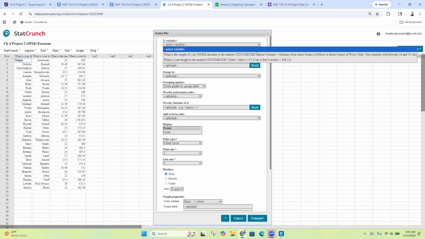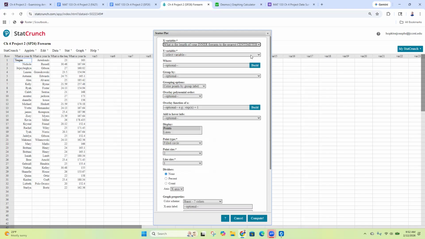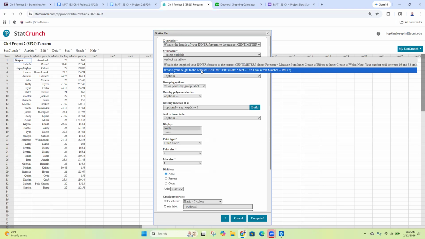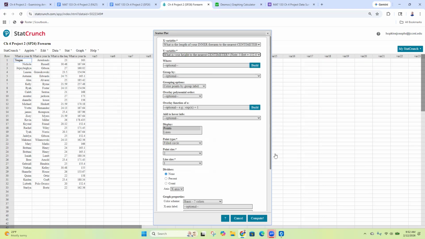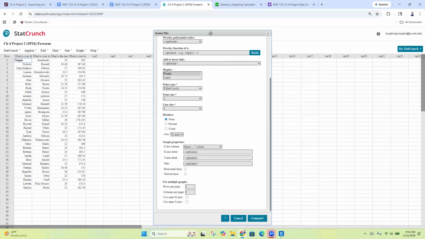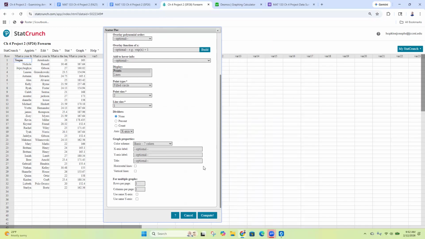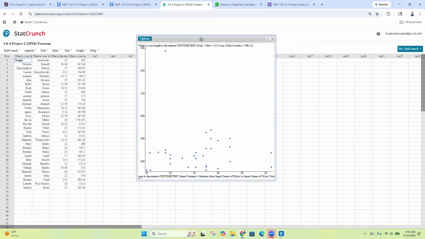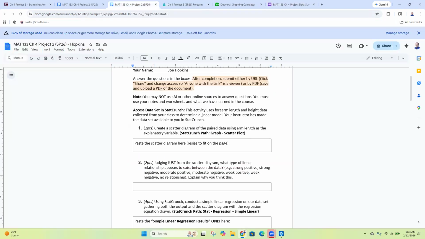The Y is the height, in centimeters. Click on that, and we'll scroll down to Compute. And here's our scatter diagram. Paste the scatter diagram here, resize to fit on the page.